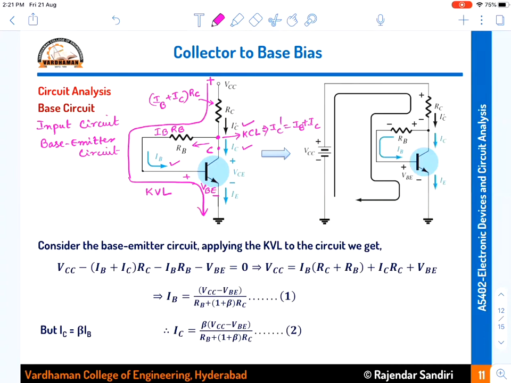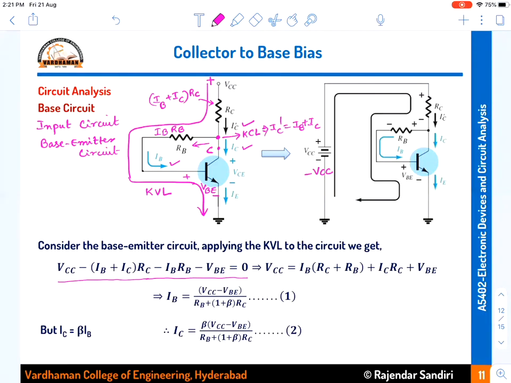So VCC minus IB plus IC into RC minus IB RB minus VBE is equal to 0. Is it okay? So this is minus VCC if you take minus common, and you will get this equation. You can write it in the clockwise direction or anti-clockwise direction.